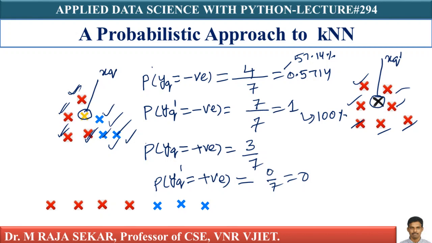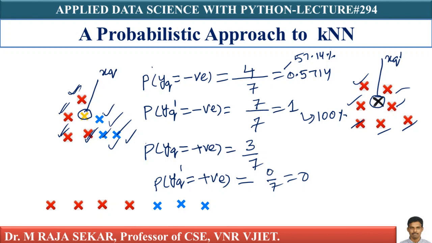These probabilities help me understand how certain I am that these are actually positive or negative. If the probability that yq is negative is 0.5714, while the probability that yq dash is negative is 1, then I know that I am very certain that yq dash is negative.